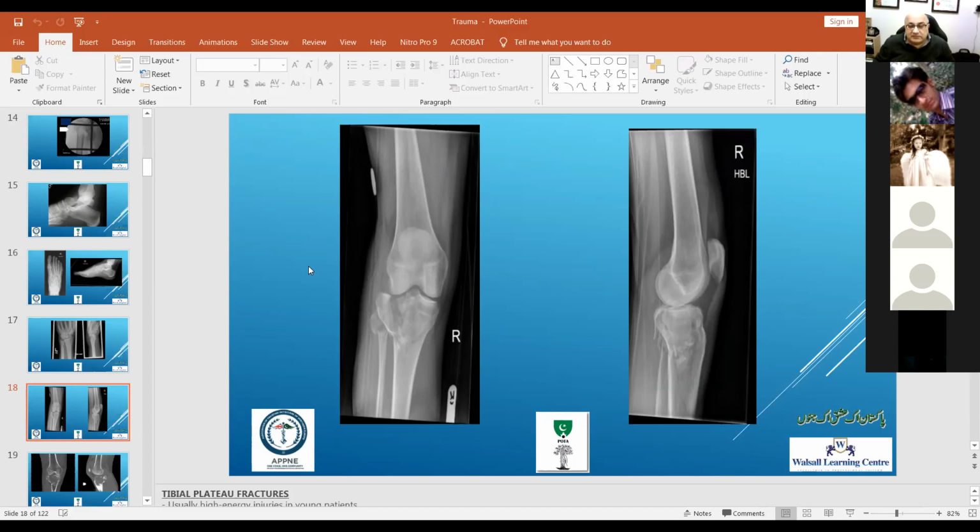Sir, I want a detailed history and examination, especially examination for possible compartment syndrome in this patient. I will also look for a possible foot drop as he has an associated fibular neck fracture as well. Absolutely fantastic, but you have to say this in the exam whether you like it or not.